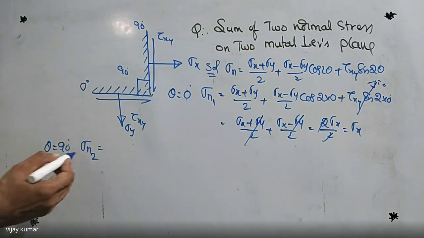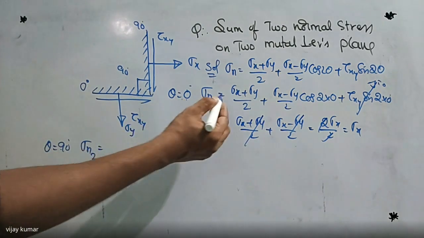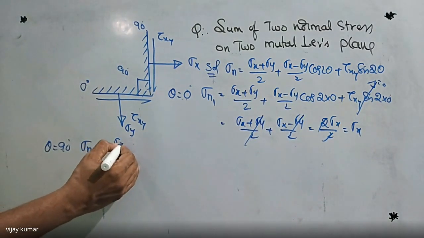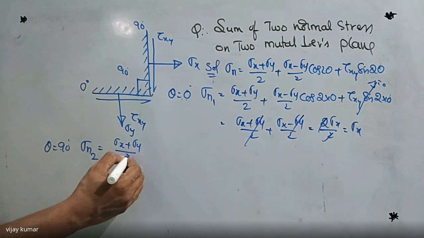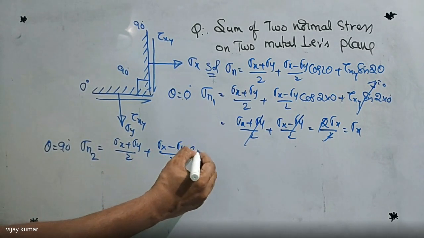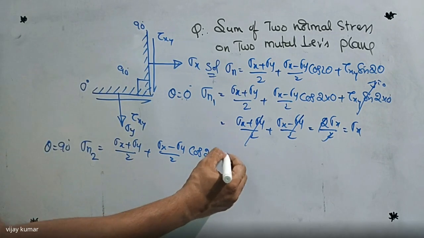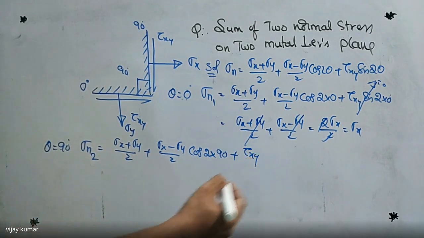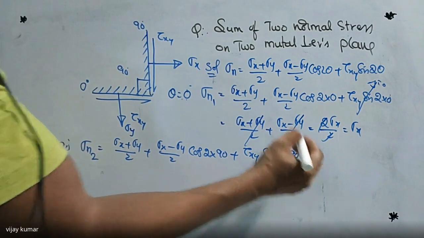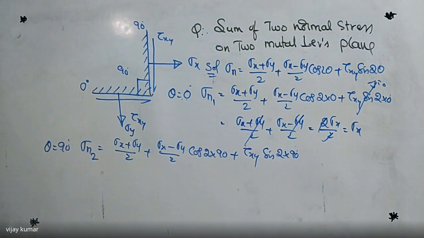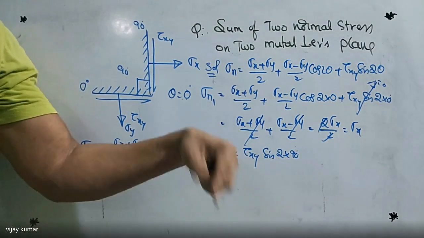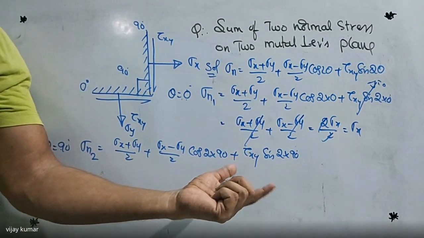So sigma n2 is equal to, substituting theta equal to 90 in the same formula, sigma x plus sigma y by 2, plus sigma x minus sigma y by 2 into cos 2 into 90, plus tau xy into sin 2 into 90. Here 2 into 90 is 180, and we know that sin 180 is 0.